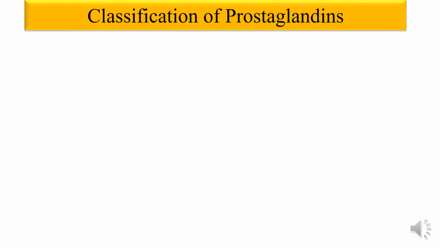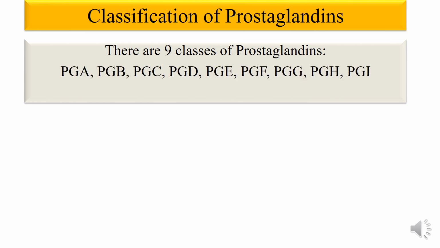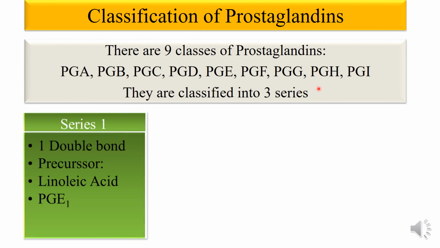The classification of prostaglandins. There are 9 classes of prostaglandins: PGA, B, C, D, E, F, G, H, and I. They are classified into 3 series. Series 1, one double bond, precursor is DGLA or dihomo-gamma-linolenic acid.